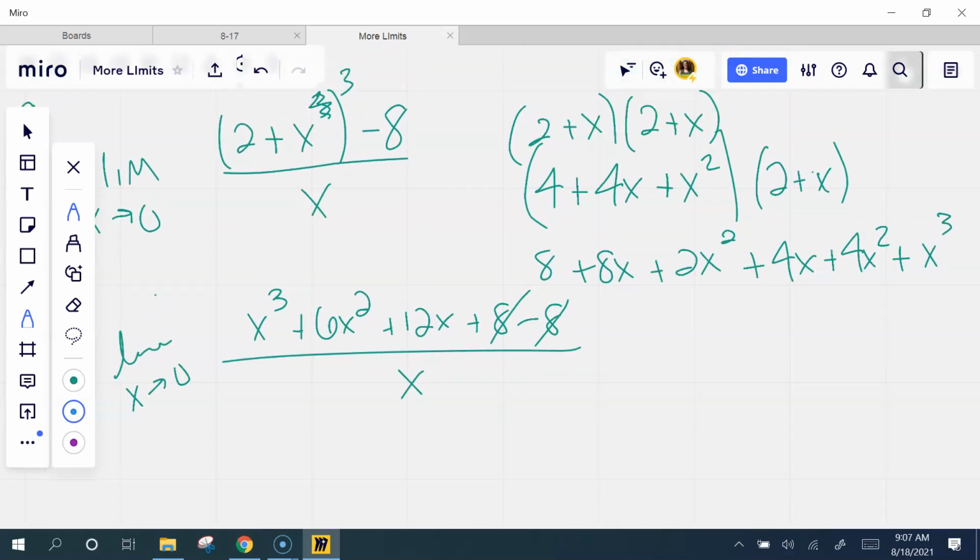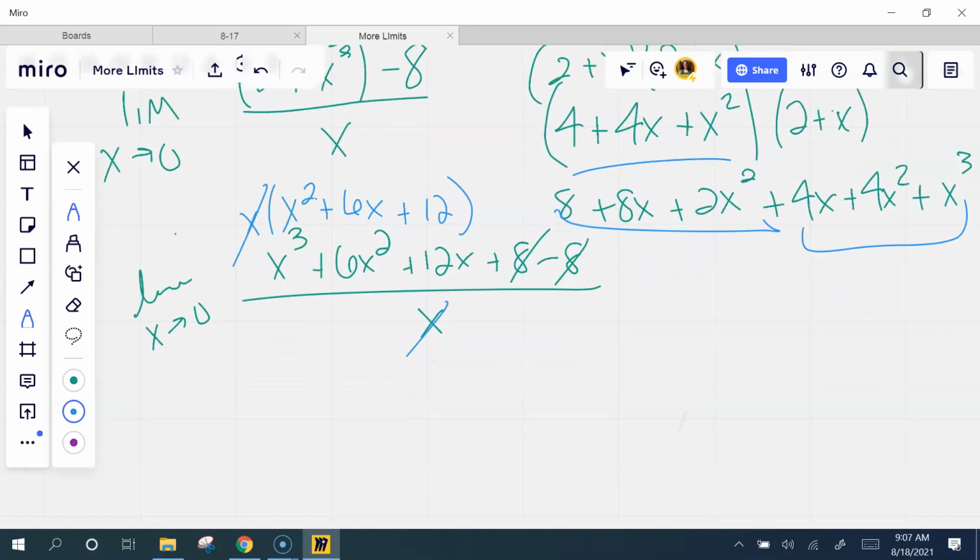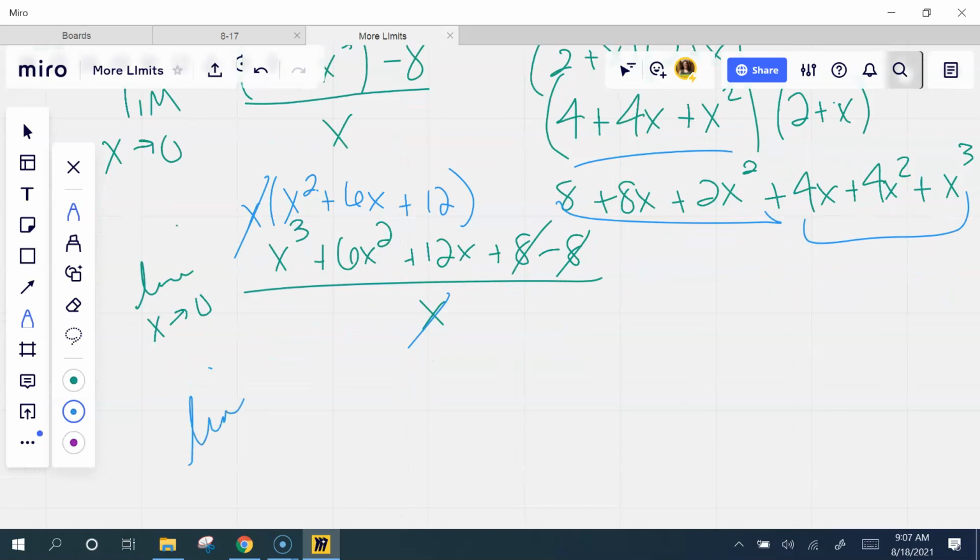I took every 2 to everybody, and then I took x to everybody. You can do that, because essentially what you're doing is x times x squared plus 6x plus 12, and then that's gone. Then it's a substitution situation.